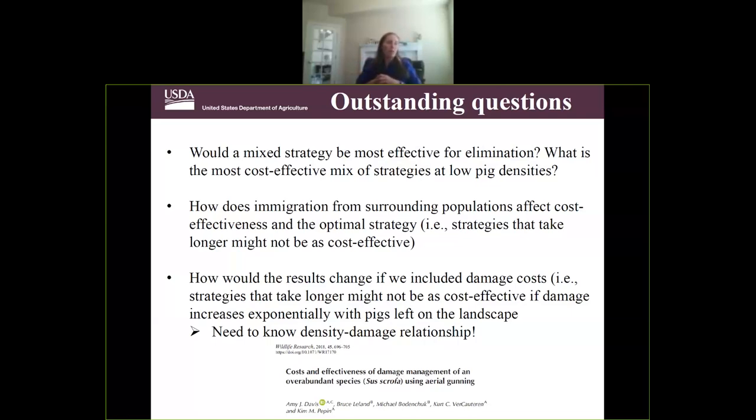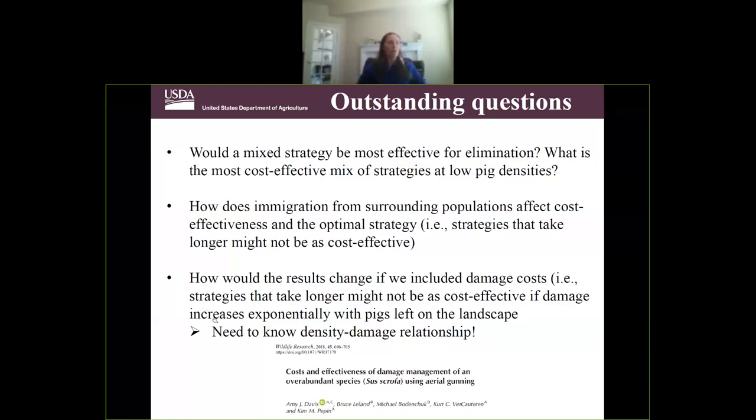And then similarly, we didn't factor in damage costs. This is a similar concept: if a strategy takes longer and pigs are allowed on the landscape to be causing more damage, and let's say that damage increases exponentially with pigs left on the landscape, then those strategies that take longer might not be as cost effective.